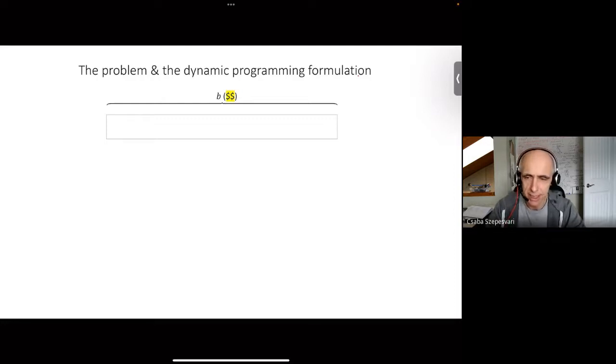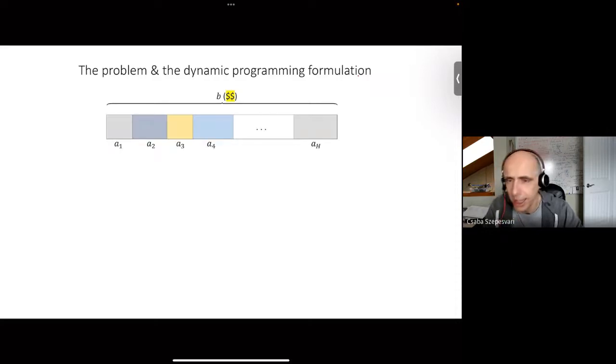You have some money. Let's call this amount B. And you want to divide it up because you have 8 children or something. Okay, so you divide up the money into 8 parts. Okay, maybe projects, not children.